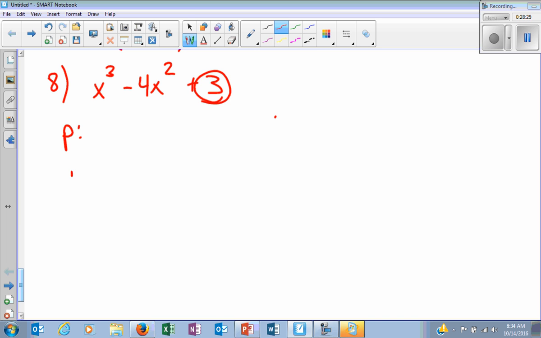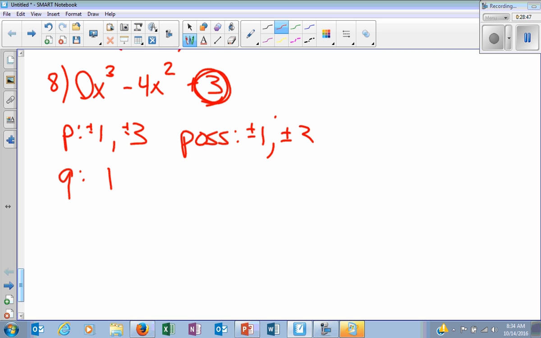P was all the factors of 3. Well, what are the factors of 3? 1 and 3, right? Plus and minus. What's the factors of this guy? Just 1. So what are the possible roots for this one? Plus or minus 1, plus or minus 3. That's it. You with me?